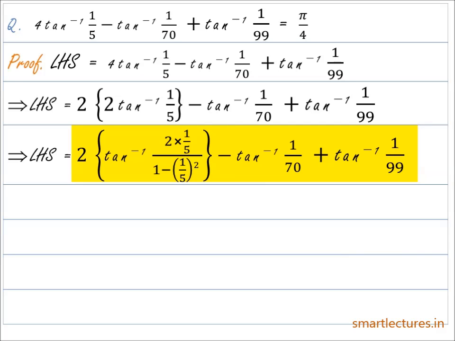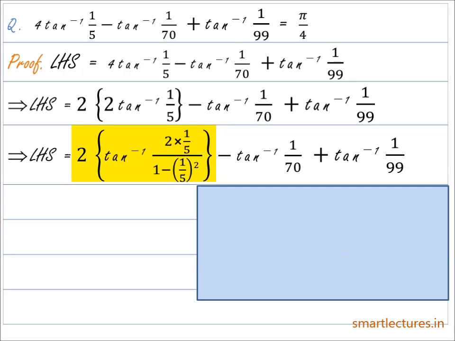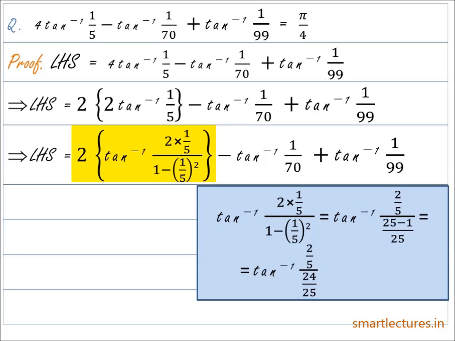And further simplifying, tan inverse 2 into 1 upon 5 upon 1 minus 1 upon 5 whole square becomes tan inverse 2 upon 5 divided by 1 minus 1 upon 25, which is equal to tan inverse 2 upon 5 divided by 24 upon 25, and which finally becomes tan inverse 5 upon 12.